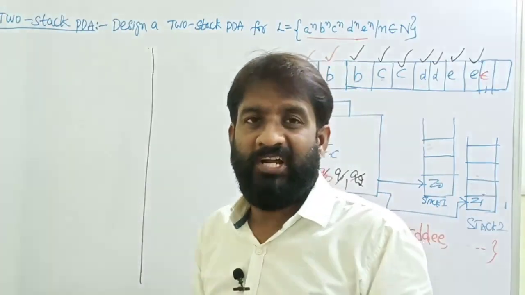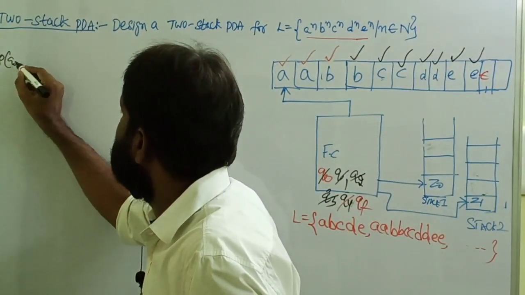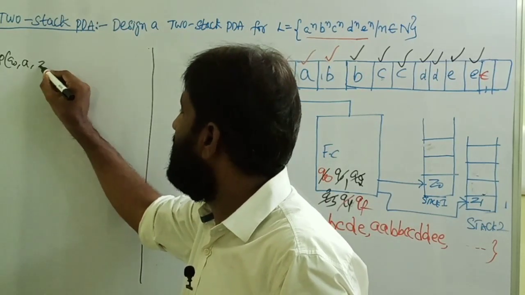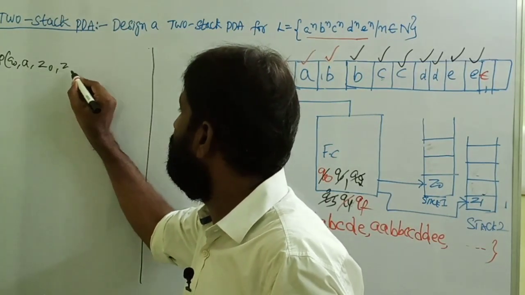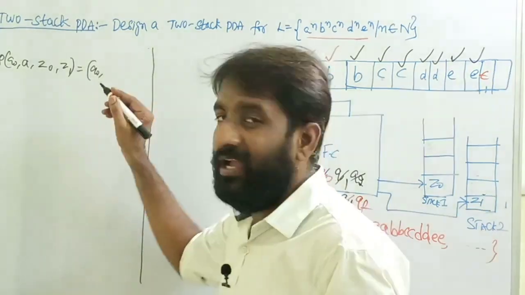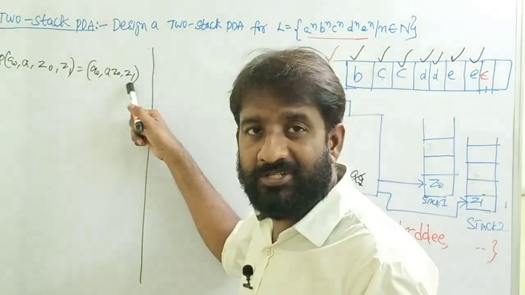Now first write the transitions. Transition of the initial state Q0, input symbol is A, top of stack 1 is Z0, top of stack 2 is Z1, equals remains on the same state Q0, add A onto stack 1 without any operation on stack 2.